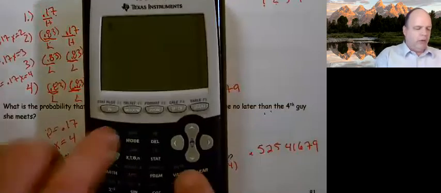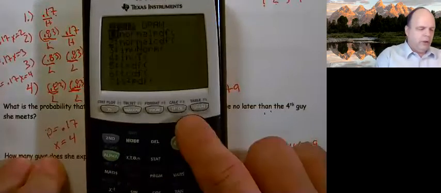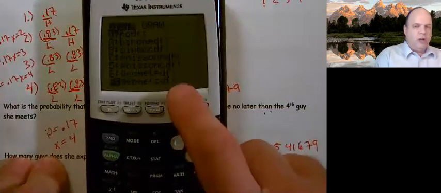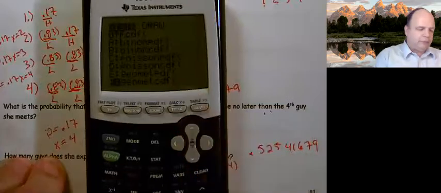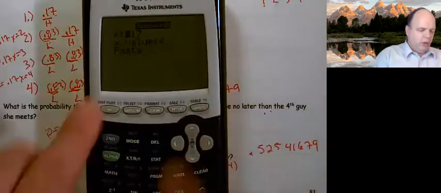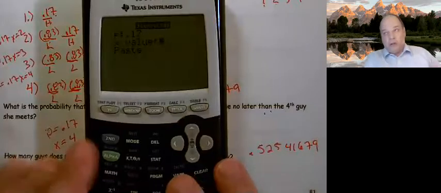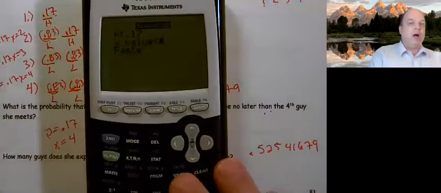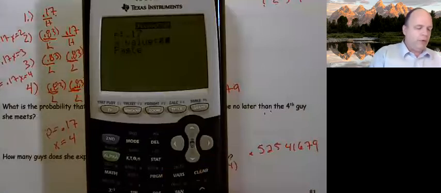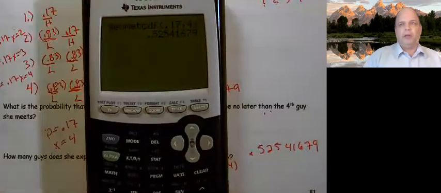So 2nd Vars, scroll down, and I get to geometric CDF. Press enter. 0.17 for my probability. My X value, I want to find the first honest guy among the first 4. And there's my answer.